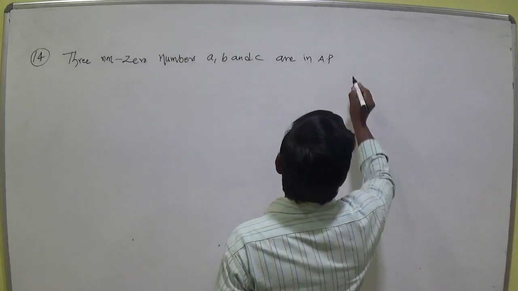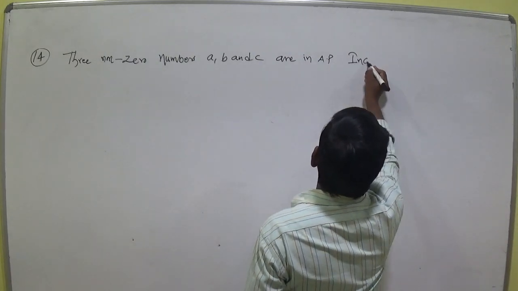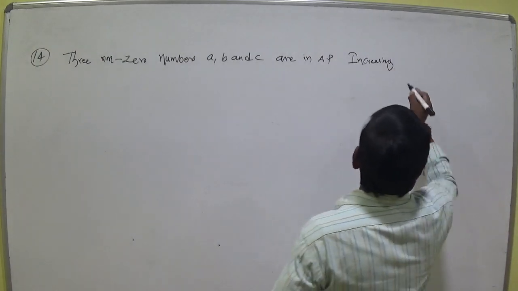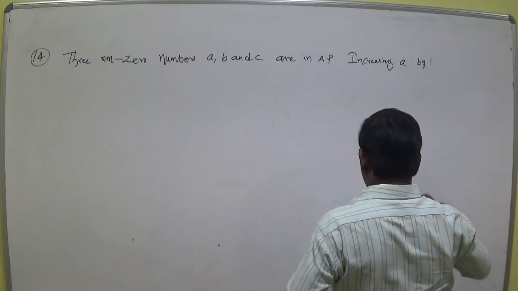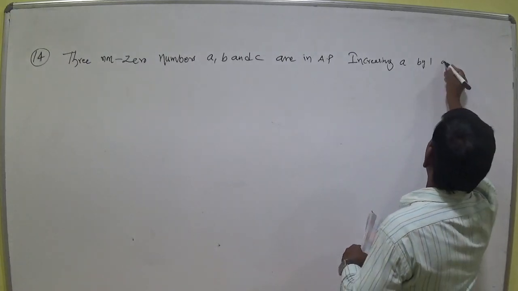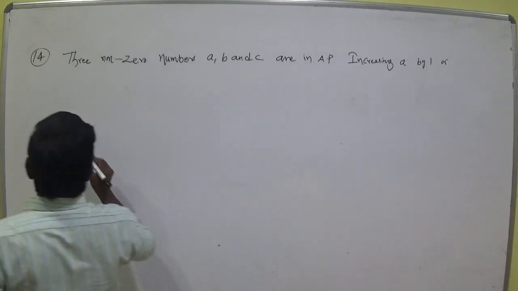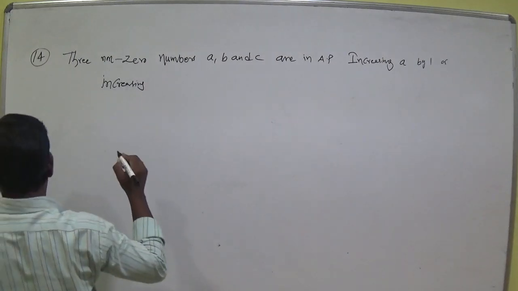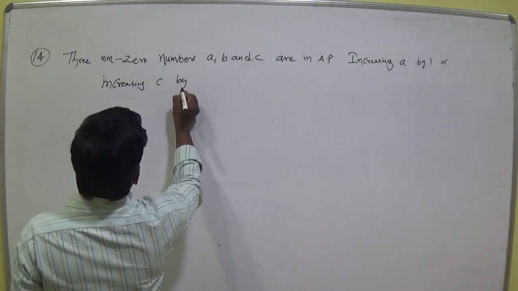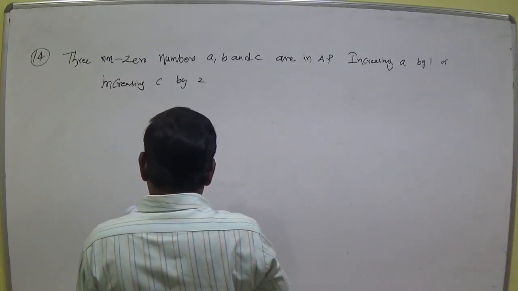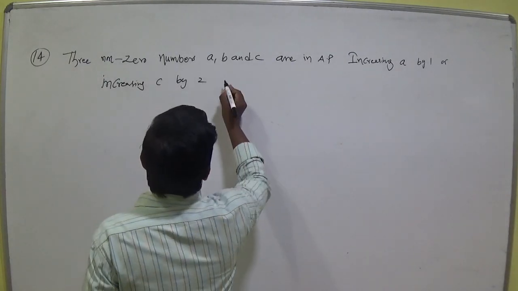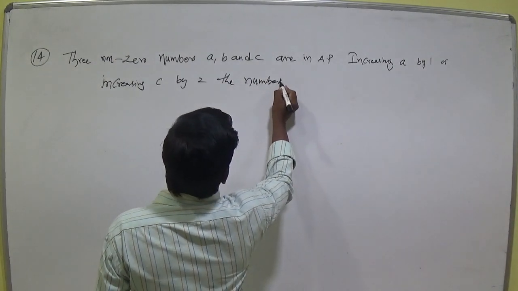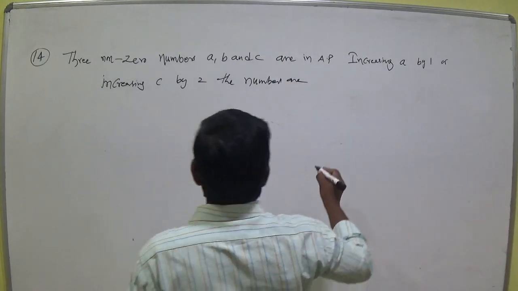Increasing a by 1 or increasing c by 2, the numbers are in GP.